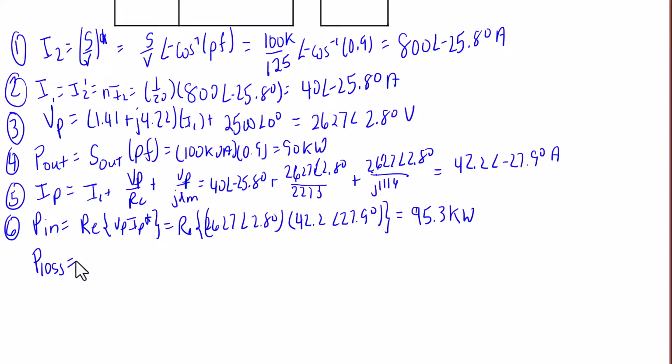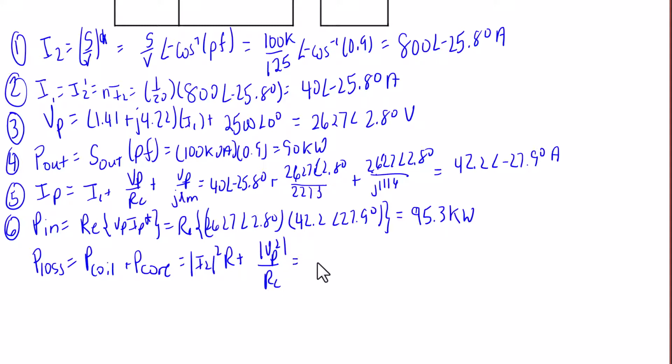So P loss is P coil plus P core. P coil is I2 prime magnitude squared times R. P core is VP magnitude squared divided by RC.